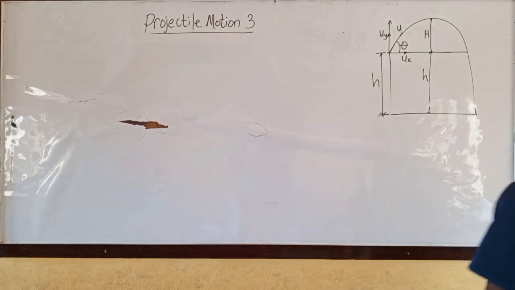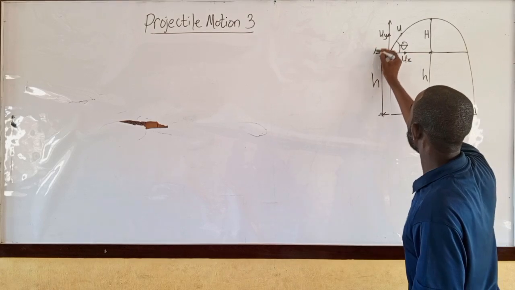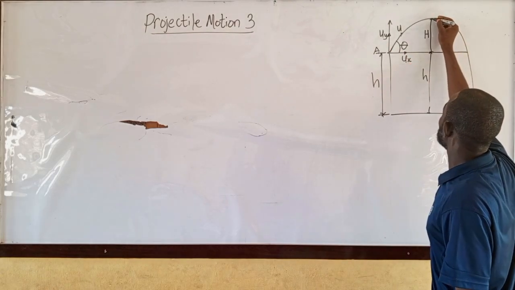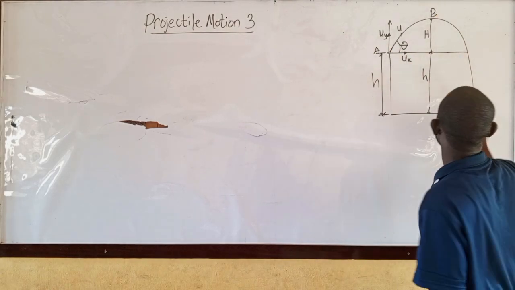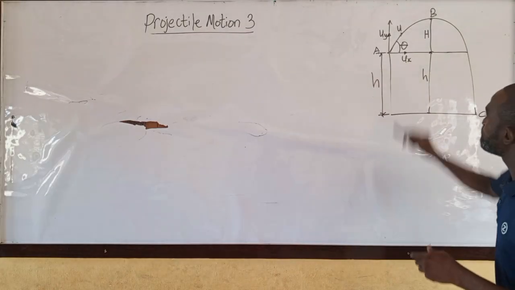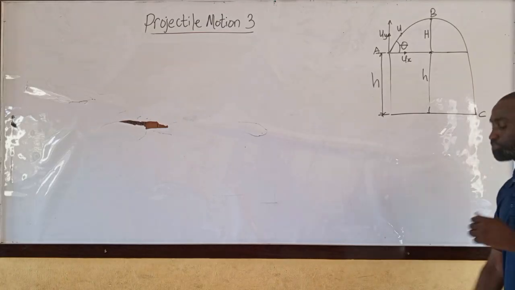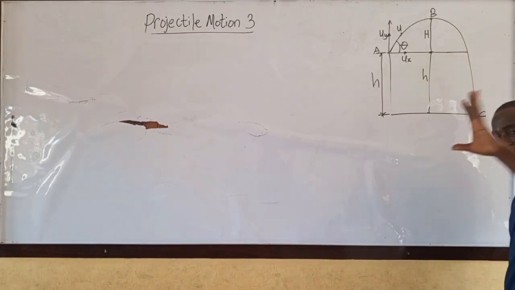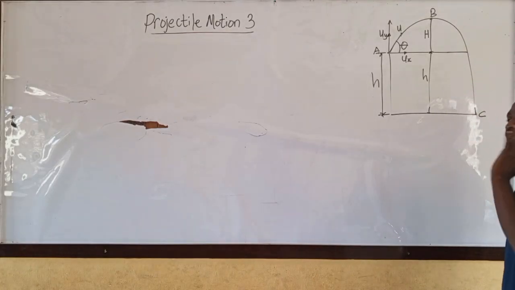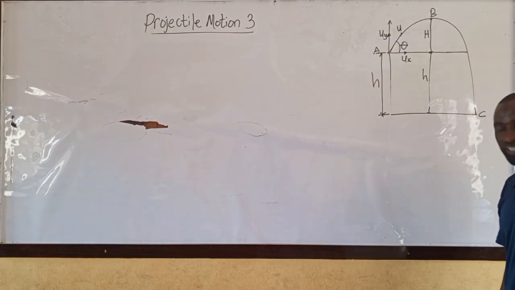Now, suppose I call this point A, this point B, and this point C. The body is projected from this point down to this place. This diagram is in 2 phases. I can break the motion into 2 phases.